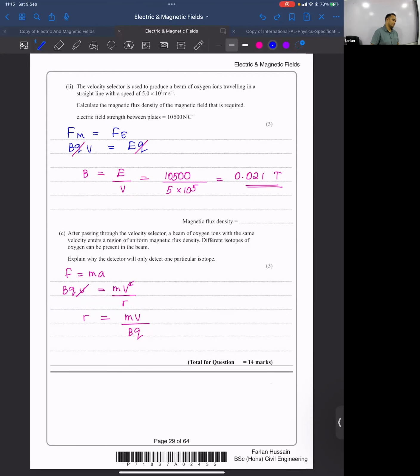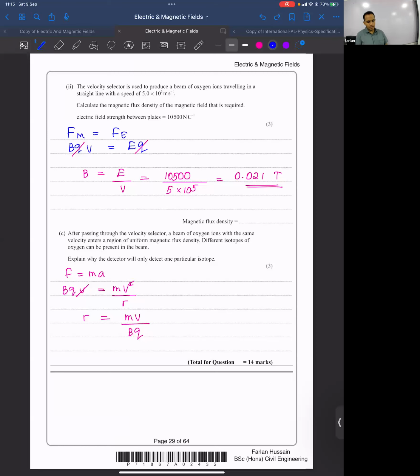And we see since each isotope has a different mass, the deflection due to the magnetic field is different. So only one particular isotope will be going in the correct path to be detected.